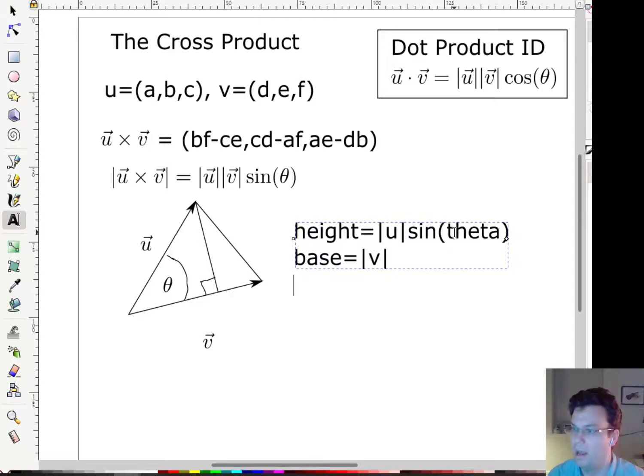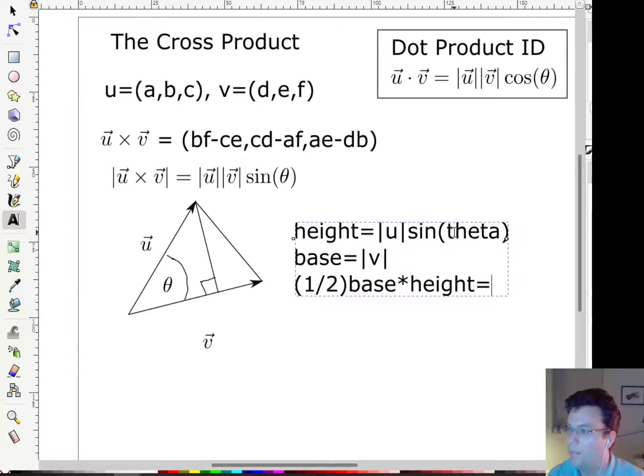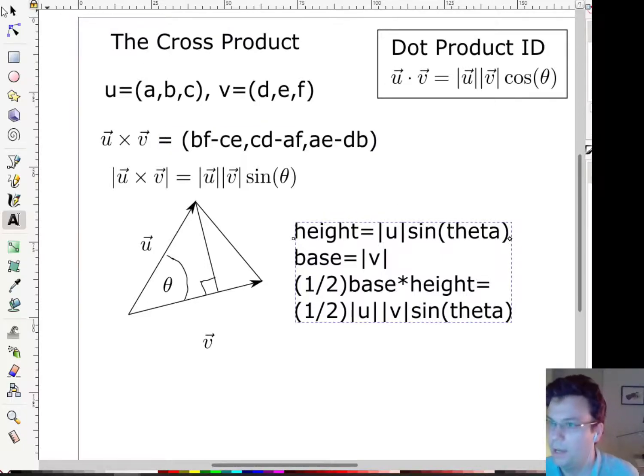One half base times height, which you should remember from high school at some point, hopefully, is 1/2 the magnitude of u times the magnitude of v times sine of theta. So we see that 1/2 of the magnitude of the cross product is the area of the triangle formed between the two vectors u and v.